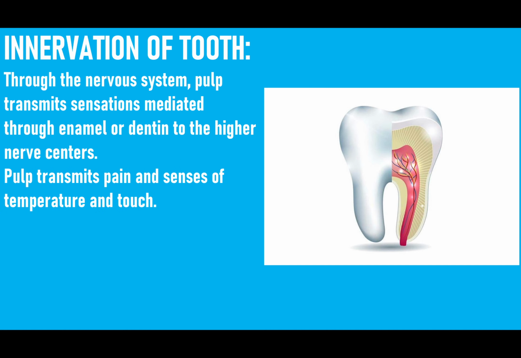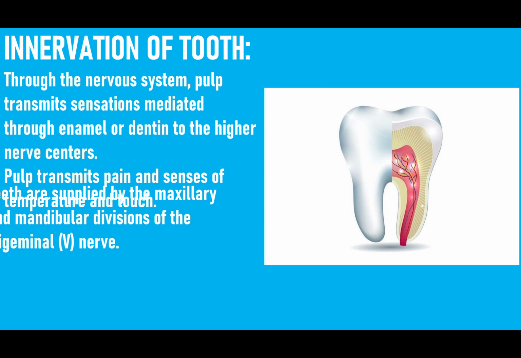Pulp transmits pain and sense of temperature and touch. Though it doesn't provide the proprioceptive sensations, it performs three main sensations, that is pain, temperature and touch.